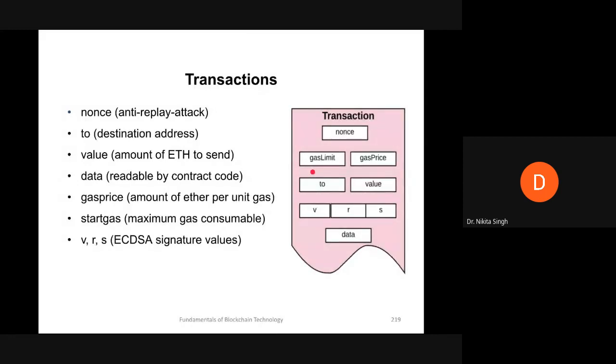You already know that you use digital signatures: you have a sender's digital signature, you have a receiver's digital signature, and once the transaction is verified, who verifies the transactions? The miner verifies this transaction, so it will also have a field for verifier, which is V. So these are the fields or components present inside the transaction.